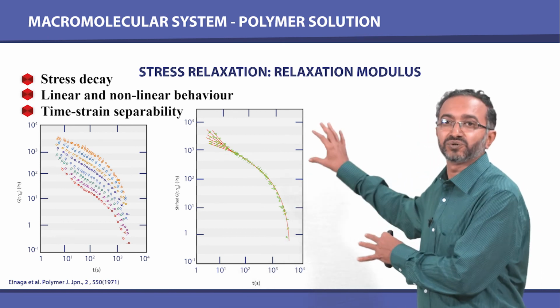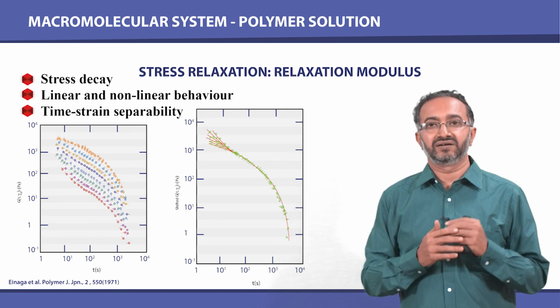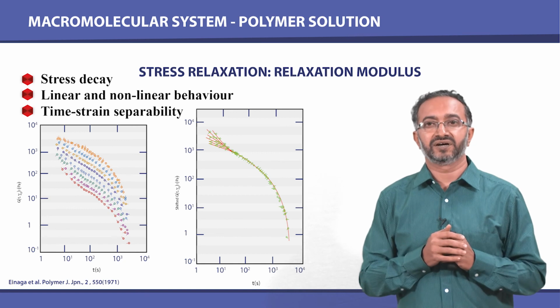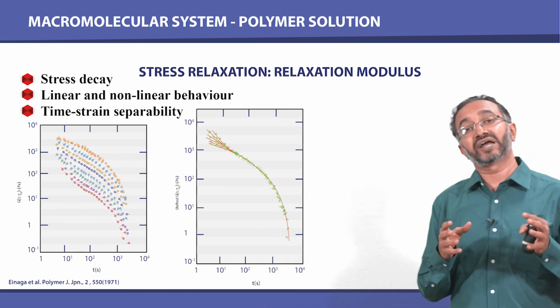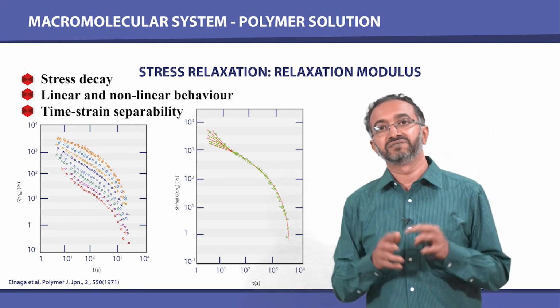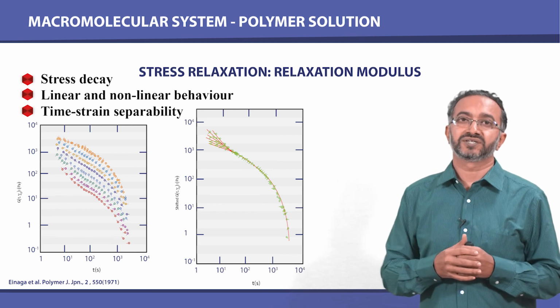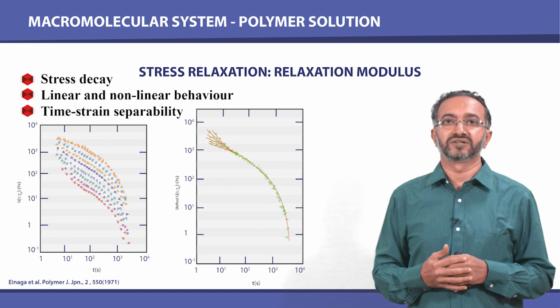And that is what is being shown on the right hand side graph, where if you just shift the data on one on top of the other, in fact you see that all of them correspond to the same time dependence. So, this gives us the overall idea of time strain separability, which is quite crucial in trying to understand the nonlinear viscoelastic response of various materials, and it is also very useful in developing models.